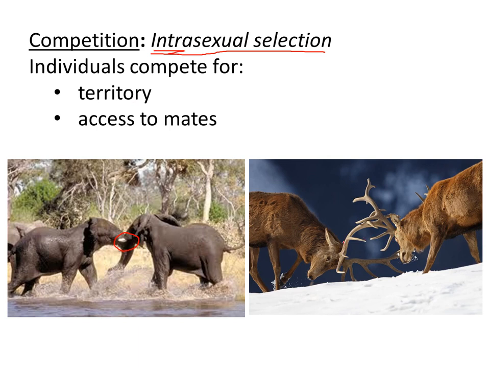So if two males have to fight for territory, having giant horns or antlers could actually help them to do that. And if they have bigger antlers, they might win more fights and have more territory and therefore be more sexually selected for because they can actually have an advantage of securing that territory. So that would be intrasexual selection.